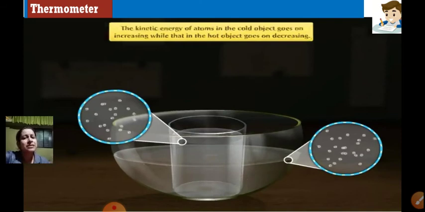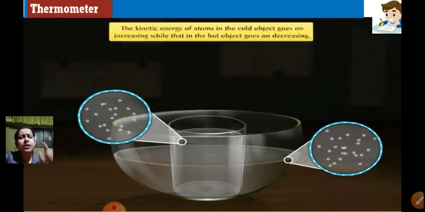So when the hot object loses its heat, the kinetic energy of its atoms goes on decreasing, whereas in the case of the cold object, since it is absorbing heat, the kinetic energy of the atoms, which was earlier less, goes on increasing.